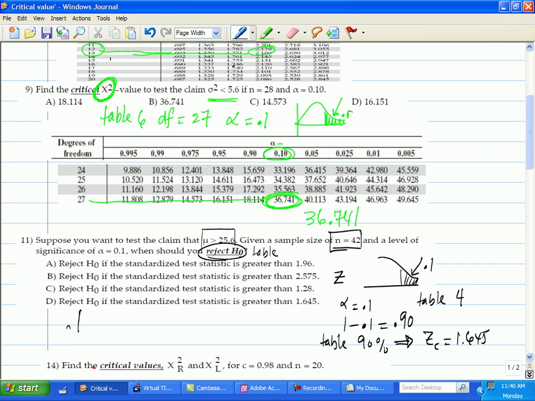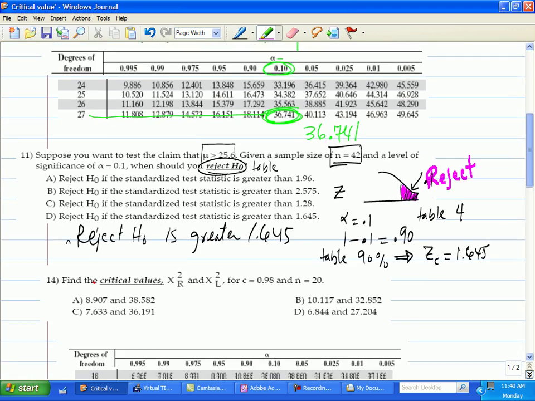Then we should reject H naught if the statistic value is greater than 1.645, because that will be considered right here as the rejection region. This is where you should reject, for anything higher than this value.